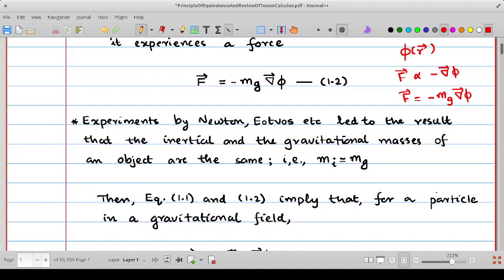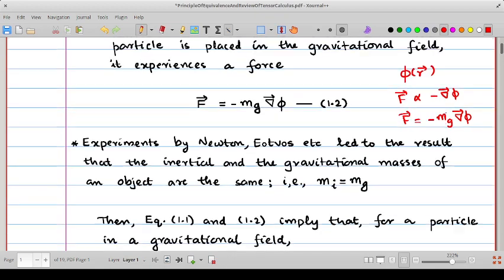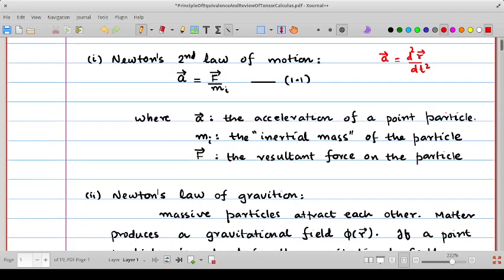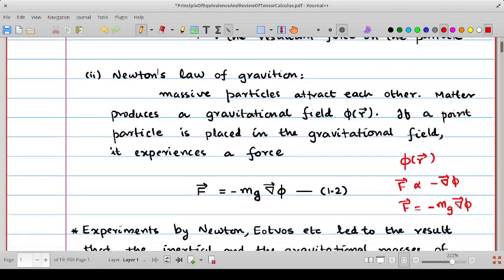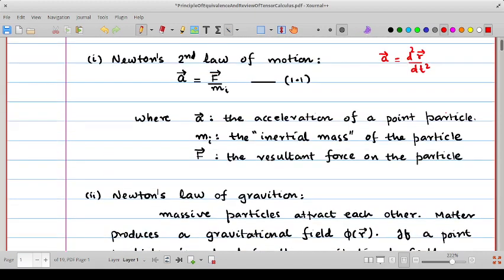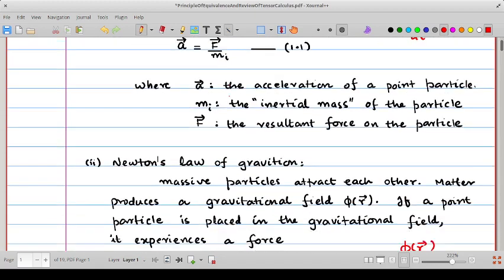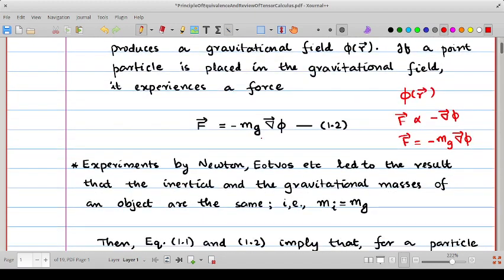There were experiments by lots of people, who found that the gravitational mass is equal to the inertial mass. If we look carefully at these equations 1.1 and 1.2, we see no relationship between the inertial mass m_i and the gravitational mass m_g.